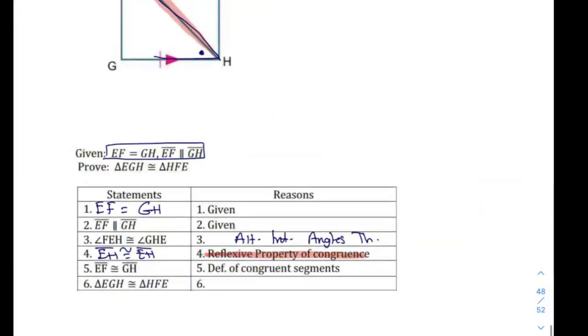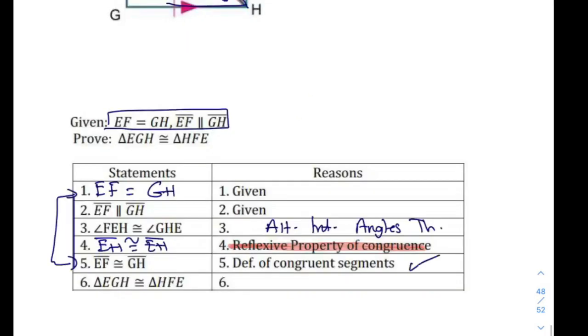Now, what is the relation between this and that? Statement 1 to statement 5, as you see, are the same, but they have converted the equal statement into a congruent statement. And that's why we say the definition of congruence. That is, any congruent sides are equal in measure, and any sides equal in measure are congruent.